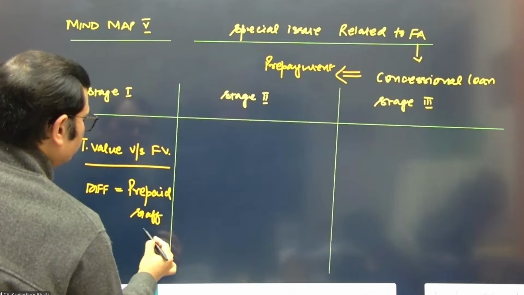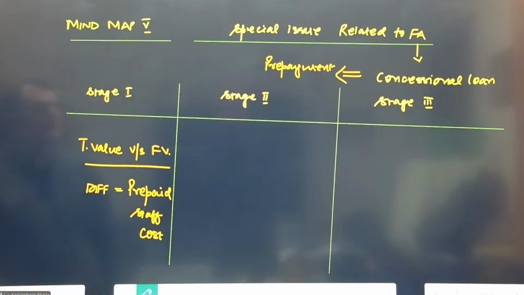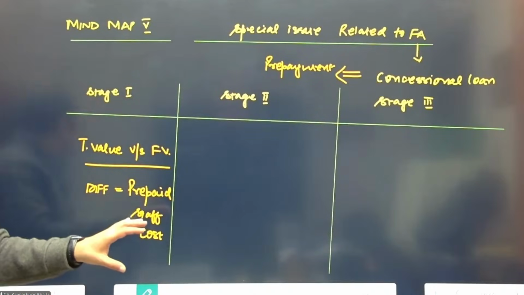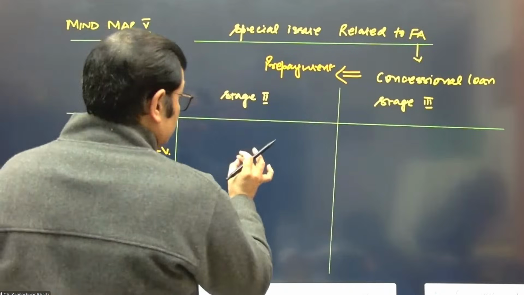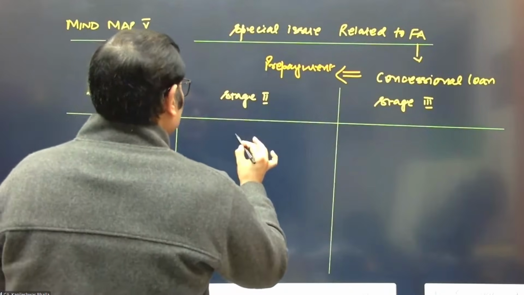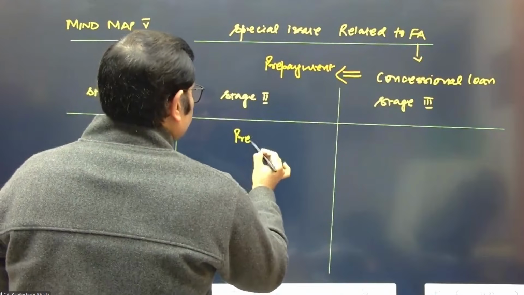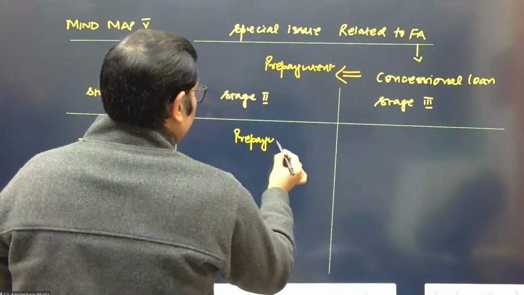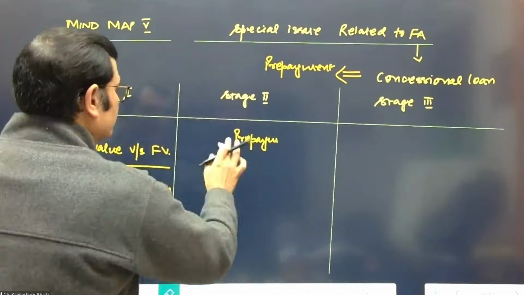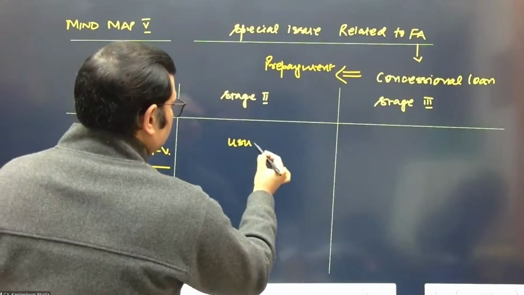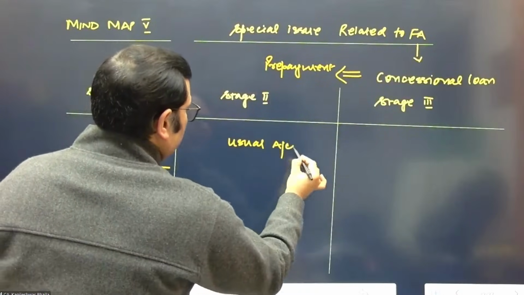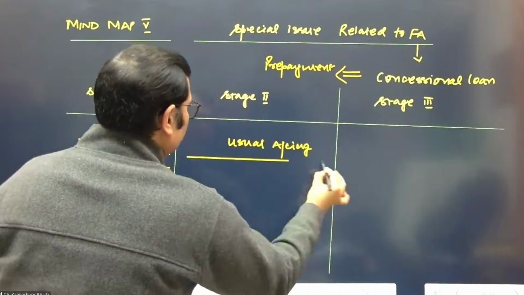This is what you did in the previous question as well. So something similar would be done, and a prepaid staff cost will be computed. Next, stage number 2: you do the usual accounting up to the date of prepayment.